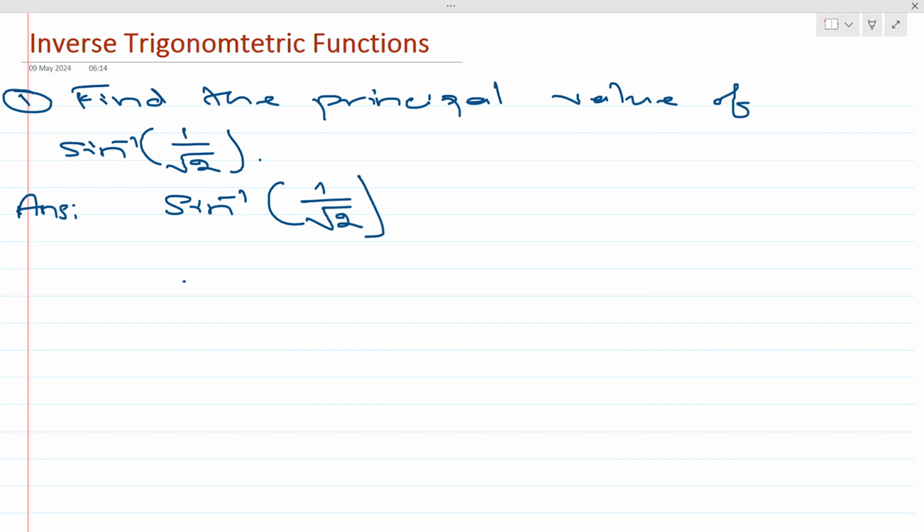As from the table we know it is sine inverse sine 45 degree, pi by 4. So sine inverse and sine cancels. Answer we get pi by 4.